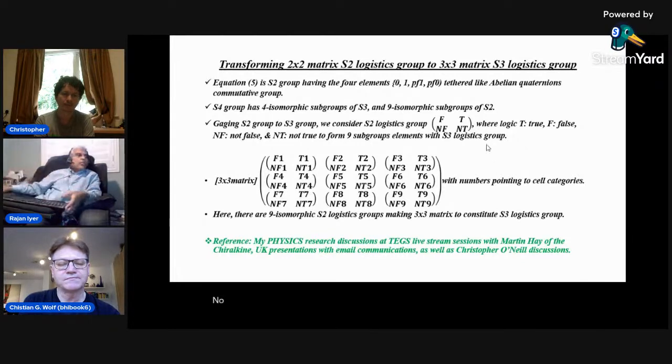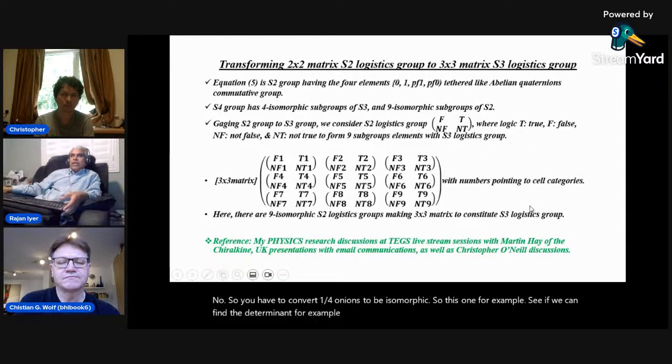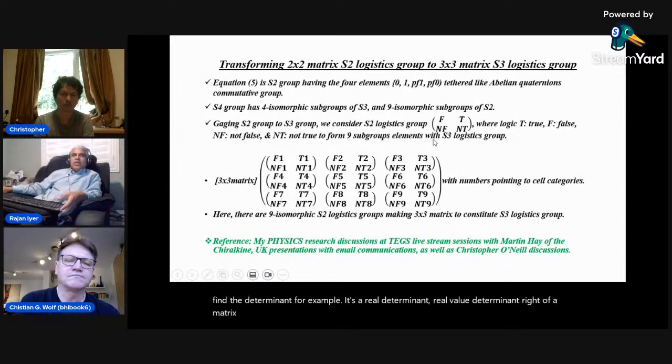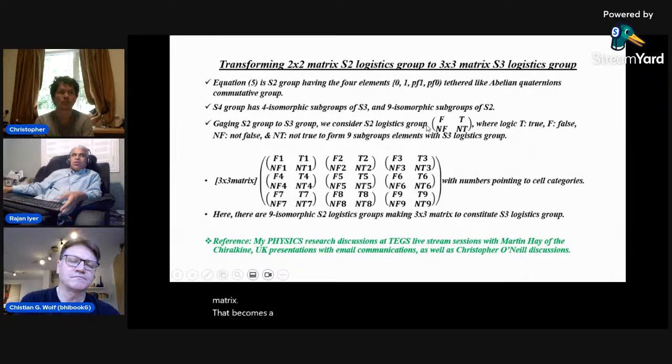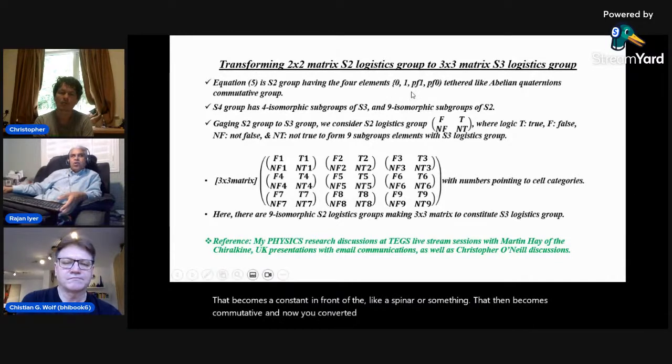No, so you have to convert to quaternions to be isomorphic. So for example, see if we can find the determinant. It's a real-valued determinant of a matrix. That becomes a constant in front of, like, a spinor or something. That then becomes commutative. And now you convert it back. So that's the job you have to do.